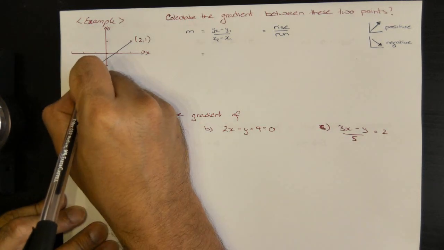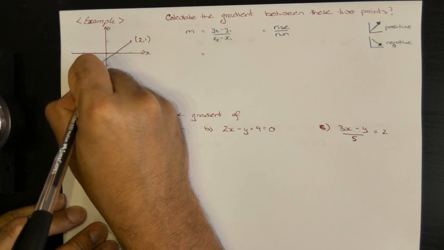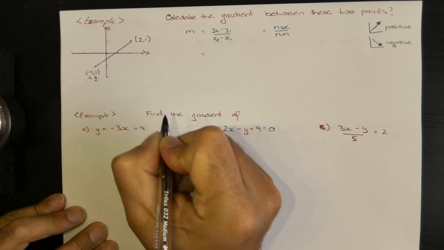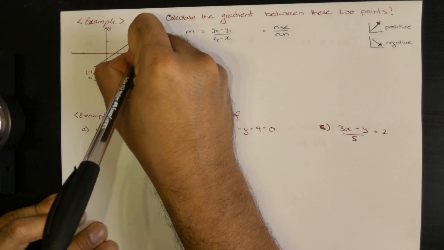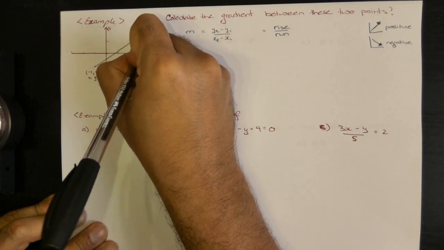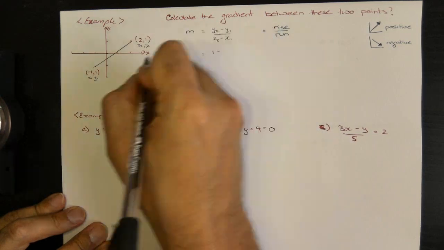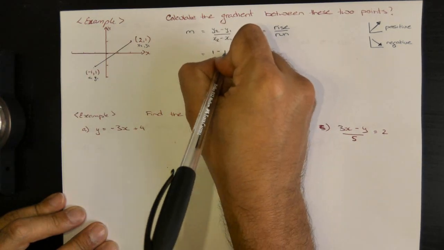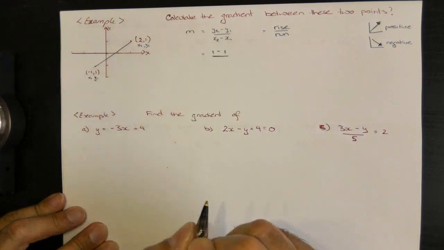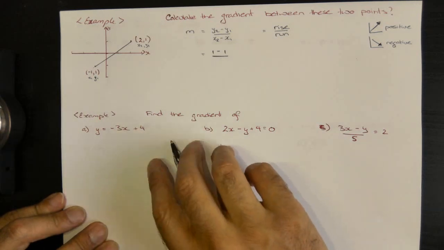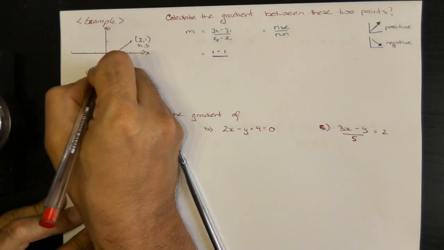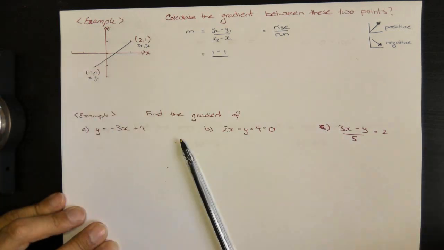So let's just say this is my x1, y1, and this would be my x2, y2. So y2 is 1, and I'm subtracting y1, so 1 minus negative 1. Sorry, this should be negative 1.